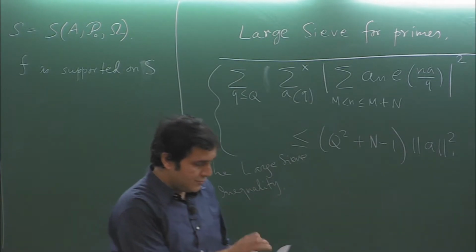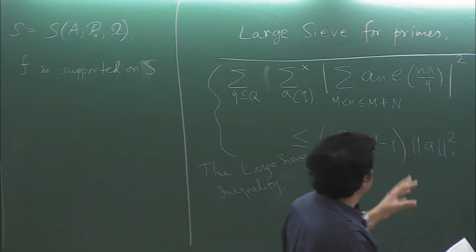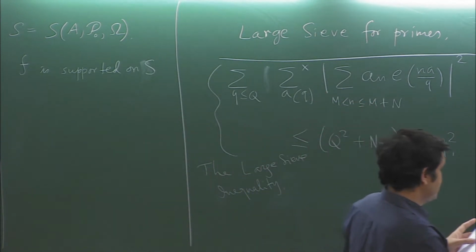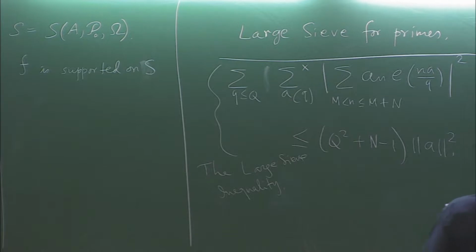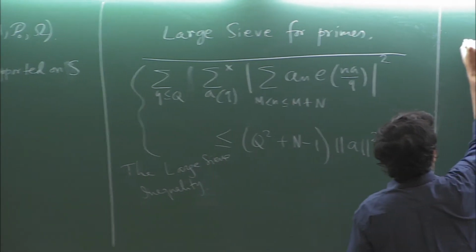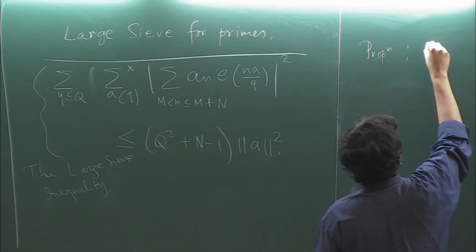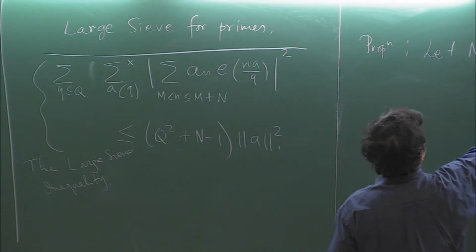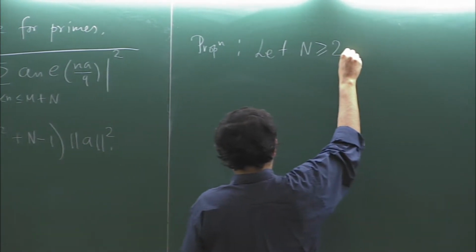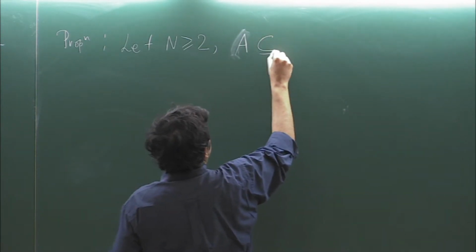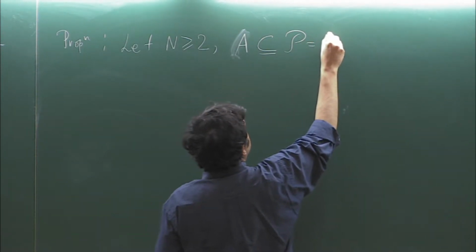What we are going to do today is something that will give a little saving, something like log N, when your sequence is supported on primes. So the proposition: let N be bigger than 2, A a subset of P, the set of primes.